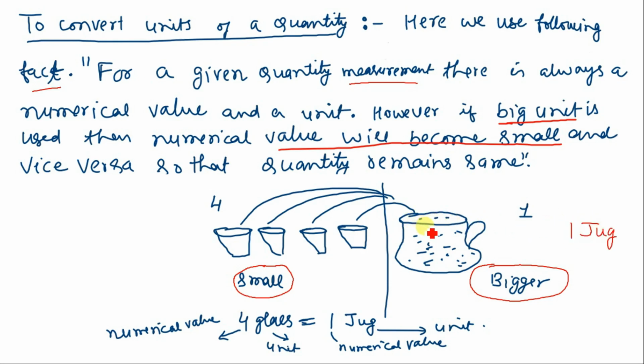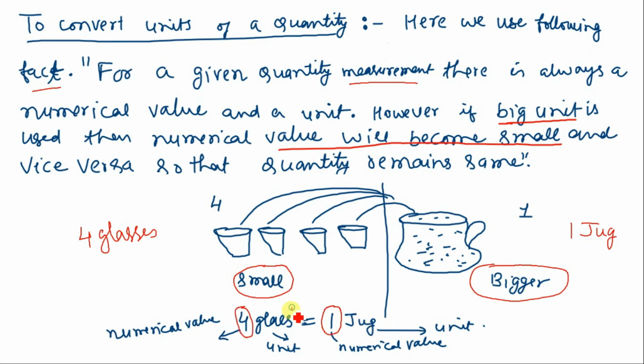On the other hand, if same quantity of water is measured with the help of glass and glass is taken as unit of measurement of volume of water, then the volume of the water can be said to be equivalent to 4 glasses. Since the quantity of water contained in a jug and in 4 glasses is the same, therefore we can say that 4 glass water is equal to 1 jug of water.